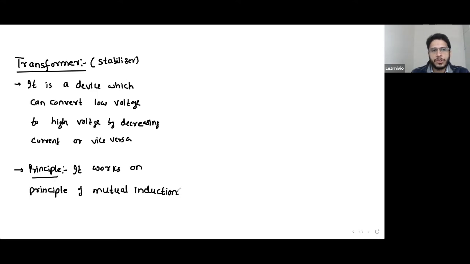It works on the principle of mutual induction. That's the principle of transformer. Next, construction.